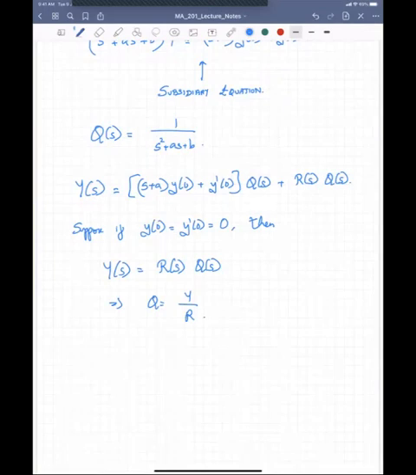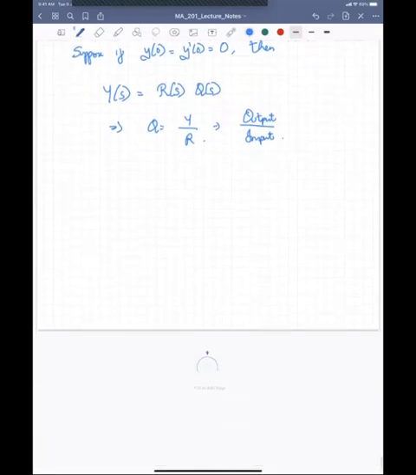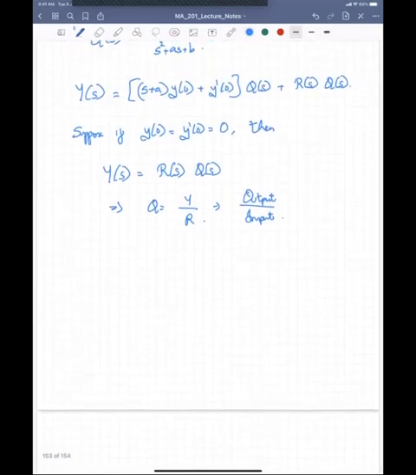Y is the Laplace transform of the response, right? Which is what we are looking for. The response of the system to the external stimulus or the driving force. R is the stimulus or the driving force. So you can think of this as output over the input. So that's why the symbol Q is reserved for this particular ratio, because Q is what you would call, in an engineering problem, the gain or some other function.